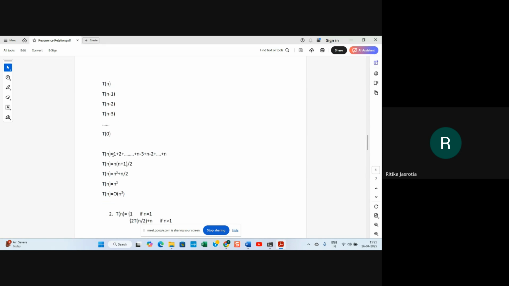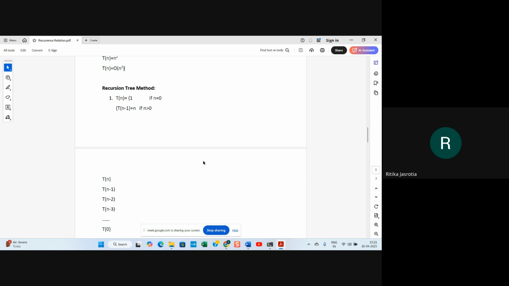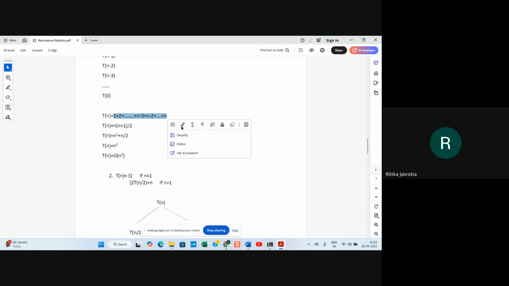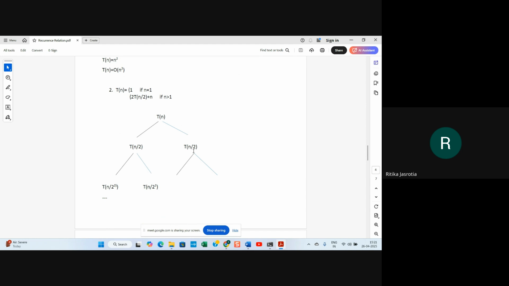So Tn is equal to 1 plus 2 plus up to n minus 3 plus n minus 2 plus up to n. Tn is equal to n into n plus 1 by 2. So this method is known as the tree method, like this. N by 2, n by 2, we are taking twice.